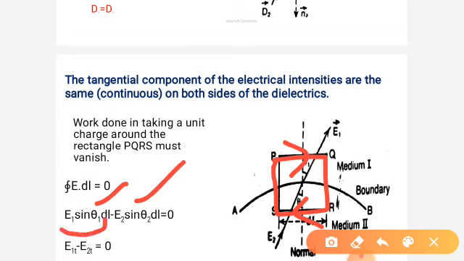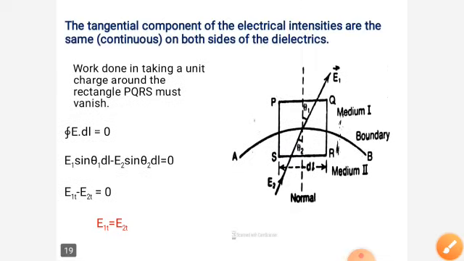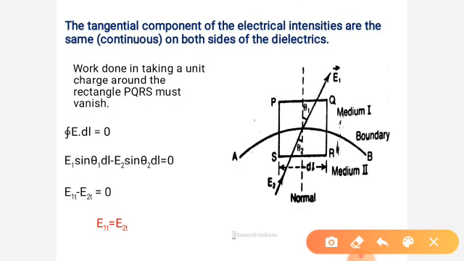So E1 sin theta 1 is represented as E1t, the tangential component, and E2 sin theta 2 is represented as E2t, also a tangential component. So that E1t minus E2t is equal to 0. So E1t equal to E2t. That is same on both sides of dielectric medium 1 and dielectric medium 2.